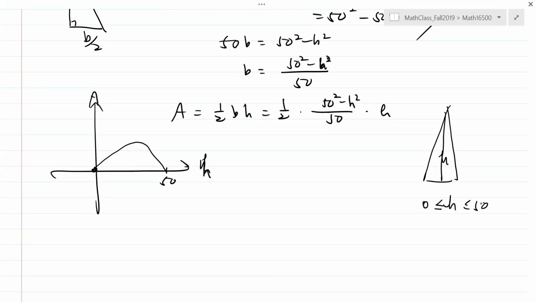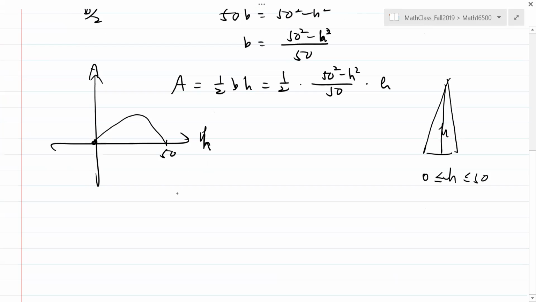Then you have a function here, and what is the maximum value of this area? Then you just find the derivative. So I'm going to express it as 100 and 50 squared h minus h cubed, then I differentiate.